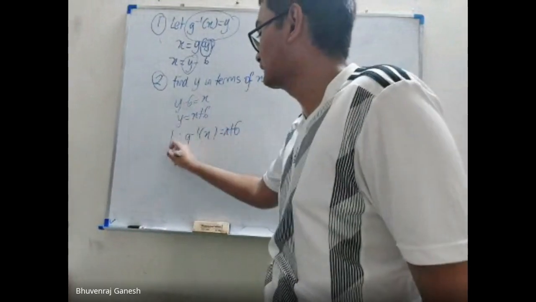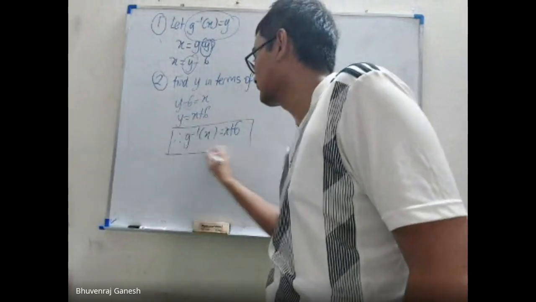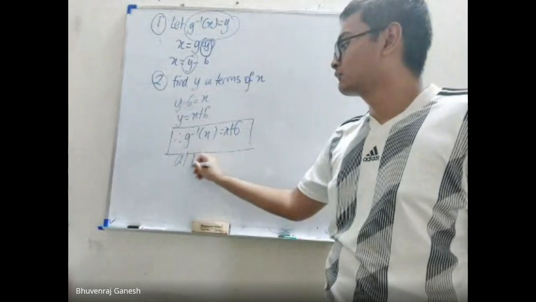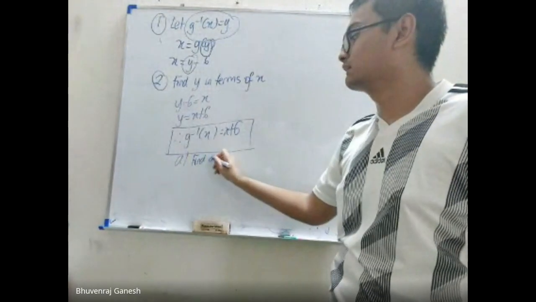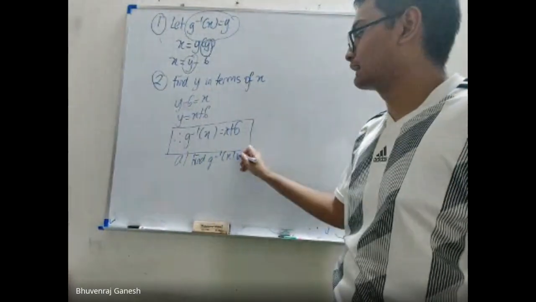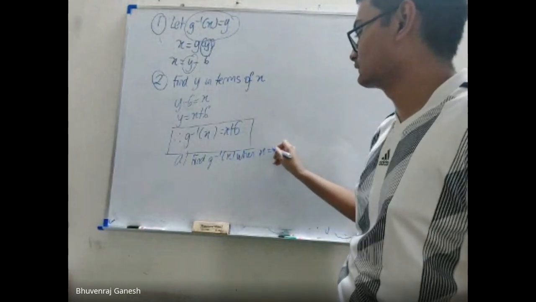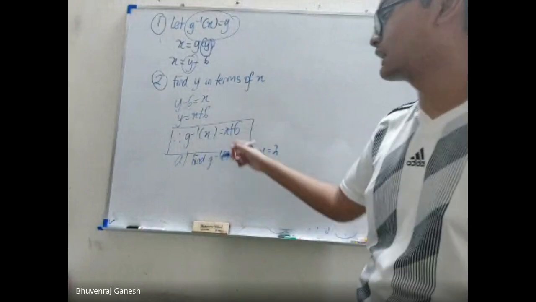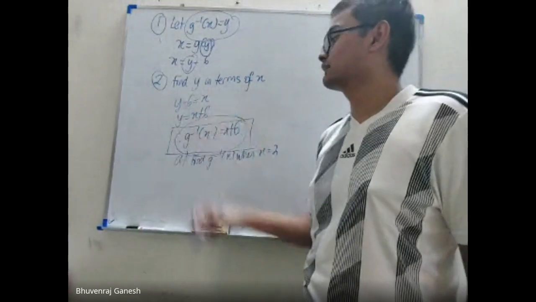Then you can use this equation to solve any question they give you in two sections. Let's say they got part A, find g inverse x when x is 2. You can directly know the value from this equation. If they didn't give you the arrow diagram, this will come in handy because you have nothing to refer to.